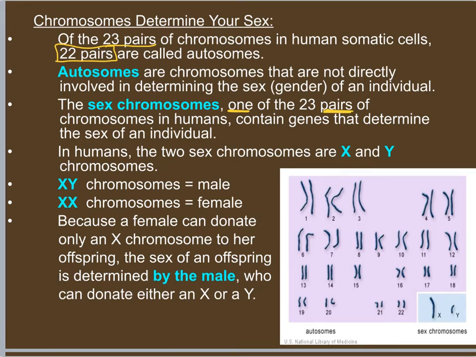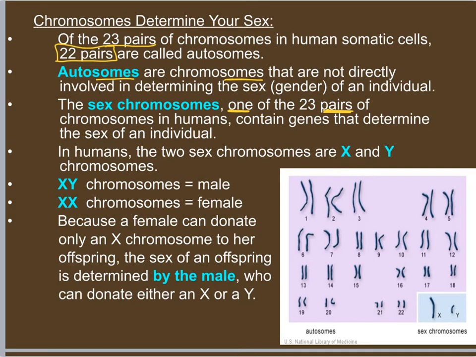So autosomes are going to be your chromosomes, okay? So autosomes or chromosomes. Don't get that confused with a somatic cell. Somatic cells are cells in your body, like liver, bone, whatever. Autosomes are chromosomes.